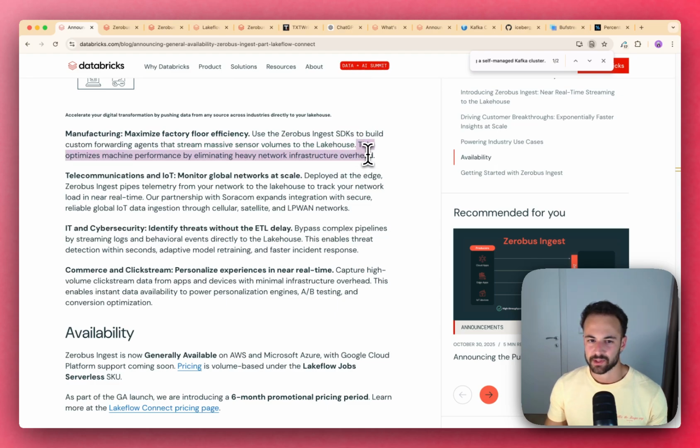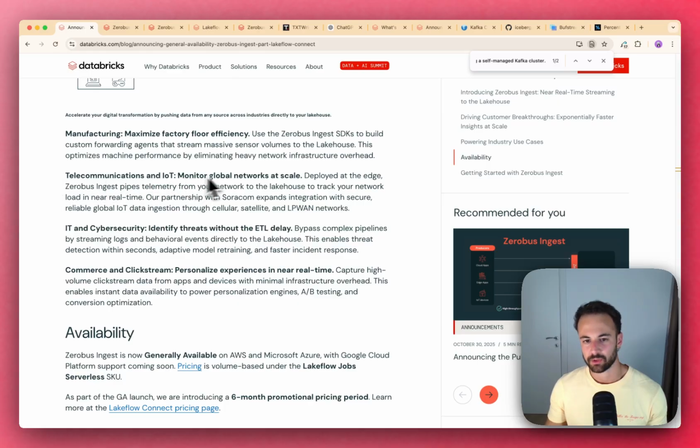I'm not really sure what this means. Are they saying that because you're using the SDK, you don't have to stream the data over the wire from the machine itself by some forwarding agent, I guess? And that eliminates the network infra? This went over my head.